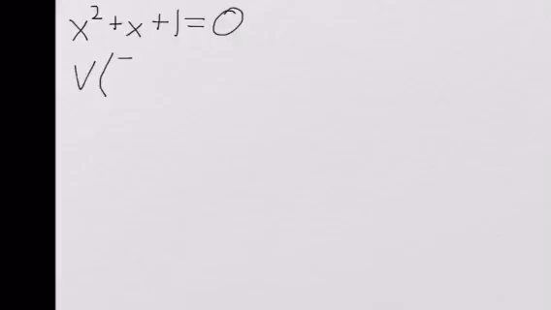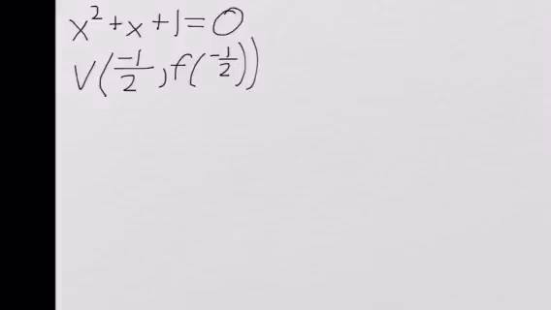So that's going to be minus 1 over 2 times 1. Then the y-coordinate is going to be f of minus 1 over 2. And by f, we mean what we have on the left-hand side.